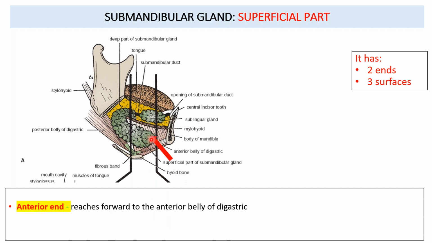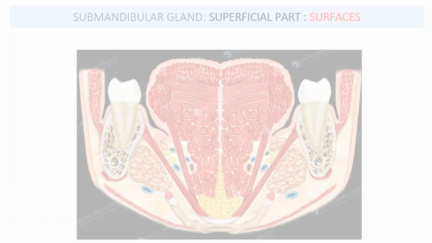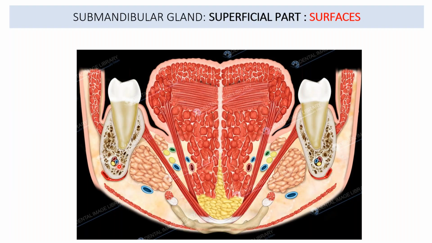The anterior end reaches forwards up to the anterior belly of the digastric. The other arrow is towards the posterior end of the superficial part of the submandibular gland, and this extends back to the stylomandibular ligament, through which it is separated from the parotid gland. Now, we are just talking about the superficial part only.